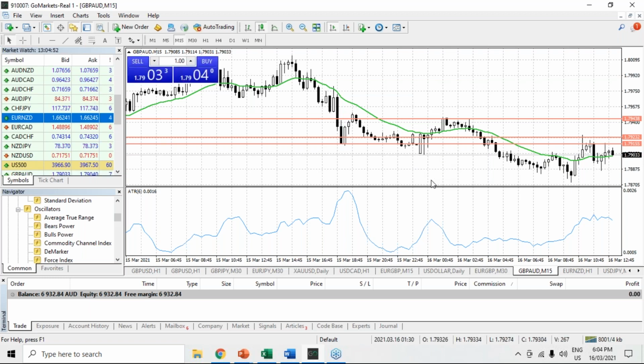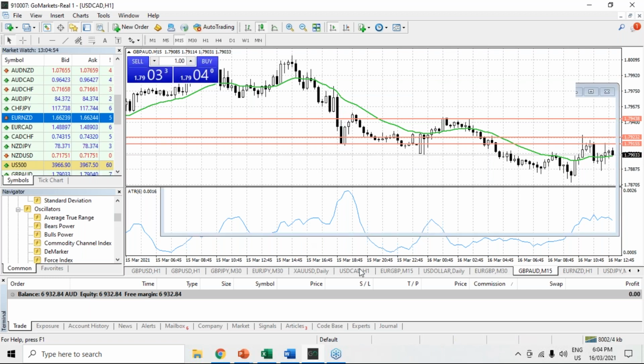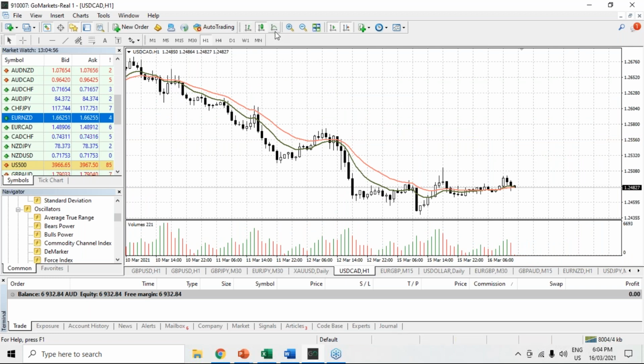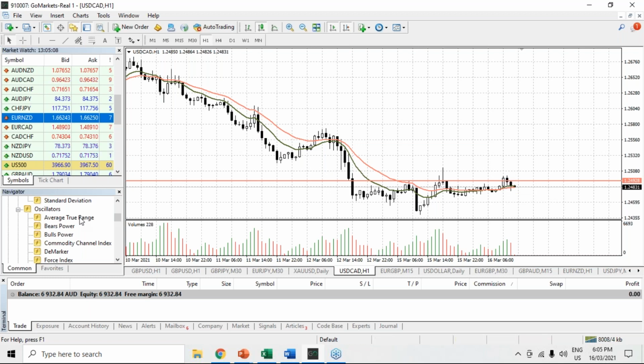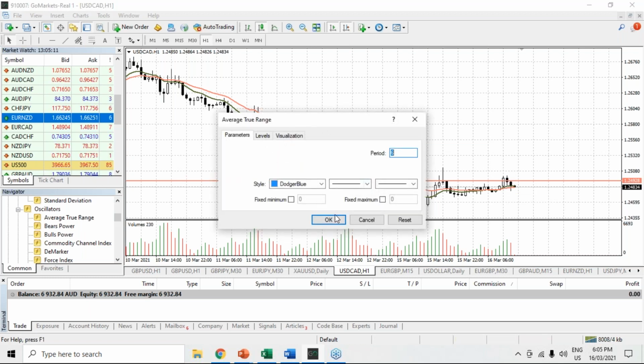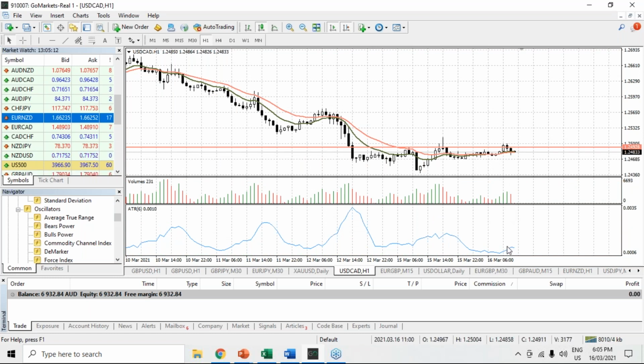You'll notice that on some of the charts we've shown today. So if we look at this, this is what it prevents, okay? It's a perfect example. So there's our resistance, okay? We look at our candle and we can see it actually closed above this. So if we put this average true range on, we can see at this point here the average true range was about 10 pips.